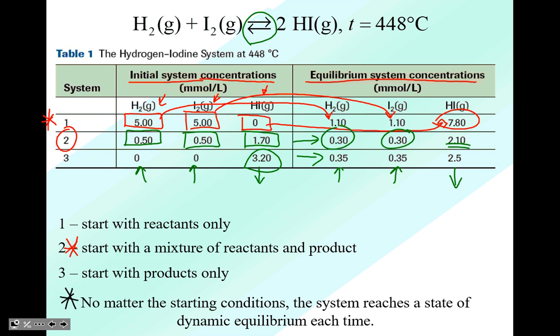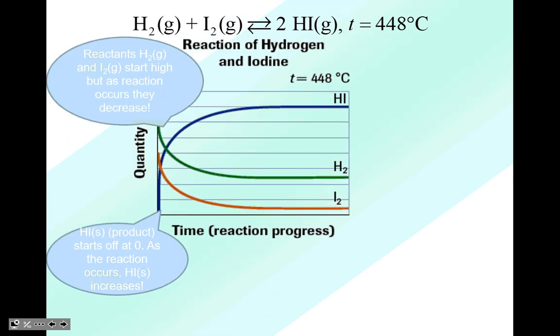It's evidence like this that allowed chemists to come up with the concept of equilibrium. So how does that look in a graph? In a graph, you could take a look at the fact that in the very beginning, if you add just your reactants, they start off quite high, and then they decrease because they're being used up.